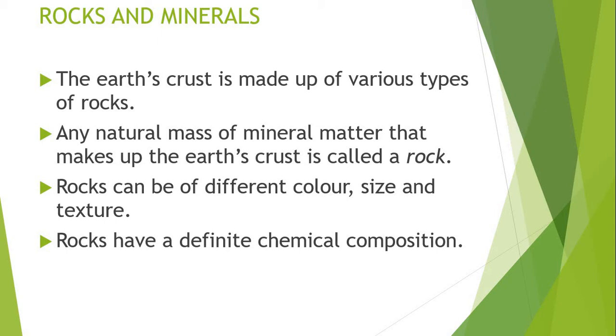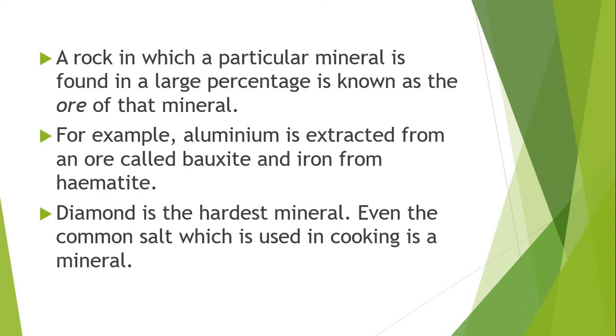Rocks can be of different color, size and texture, and all rocks are having their own definite chemical composition. A rock in which a particular mineral is found in large percentage is known as the ore of that mineral.